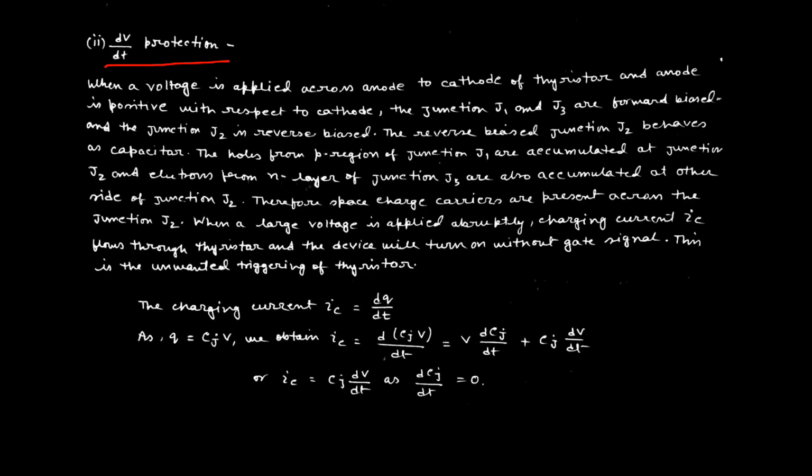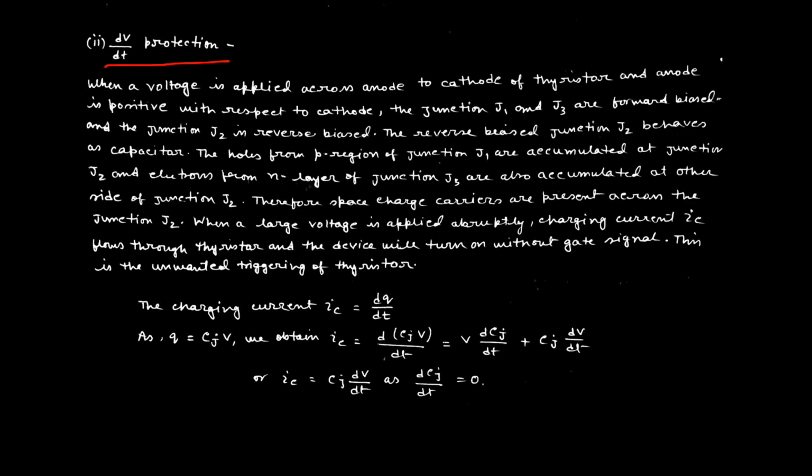Usually, the dV/dt rating of a thyristor is 20 to 500 volts per microsecond. If the value of dV/dt is more than that, then what happens? The thyristor will be turned on, and there is abnormal triggering of the thyristor.